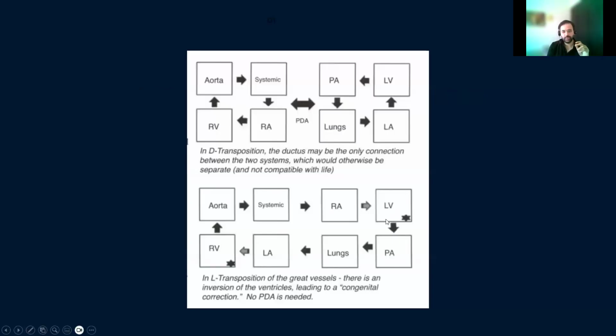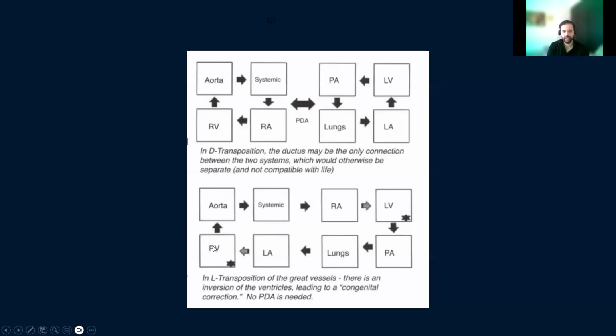For example, the right atrium normally goes into the right ventricle, but here the right atrium will go into the left ventricle. And from the left ventricle, instead of the aorta, you will have the pulmonary artery. So you see the switch has happened at two levels. From the right atrium, it is going to the left ventricle, and from the left ventricle, again, it is going to the pulmonary artery. So the blood is ultimately going from the right atrium to the pulmonary artery only, and it is going to the lungs.